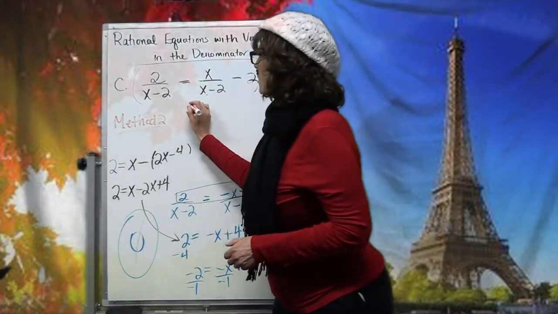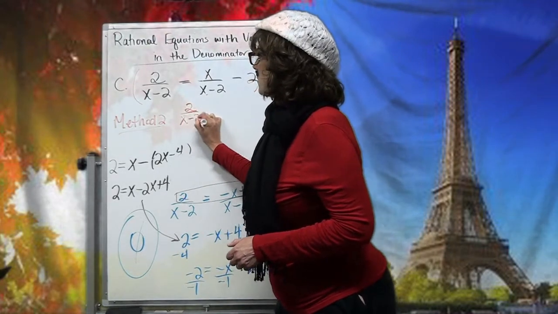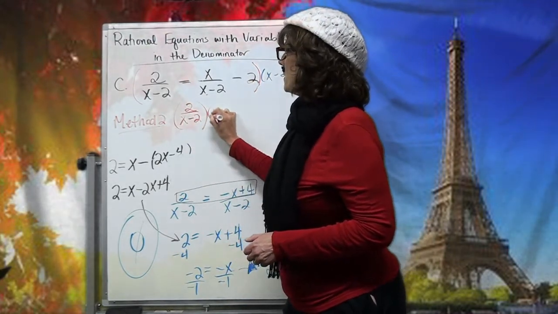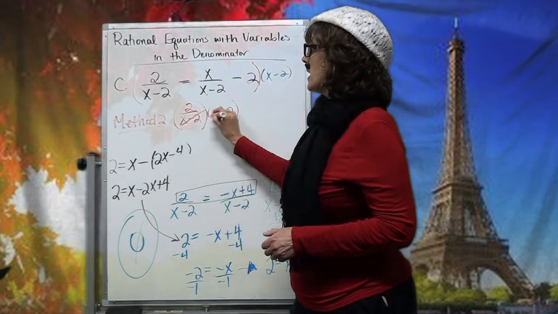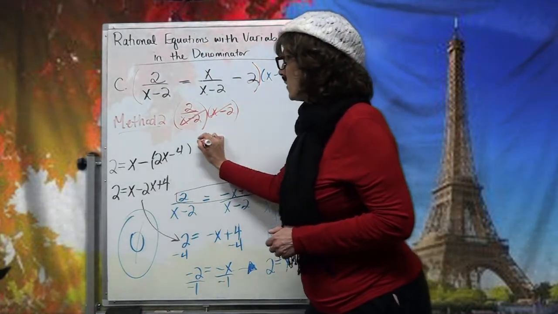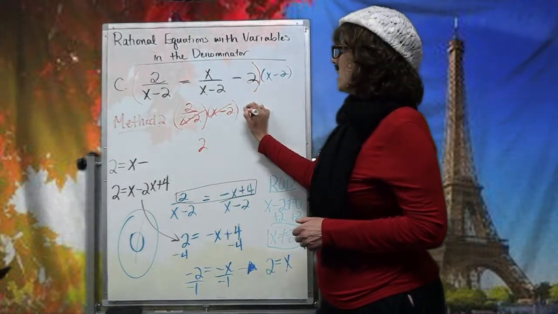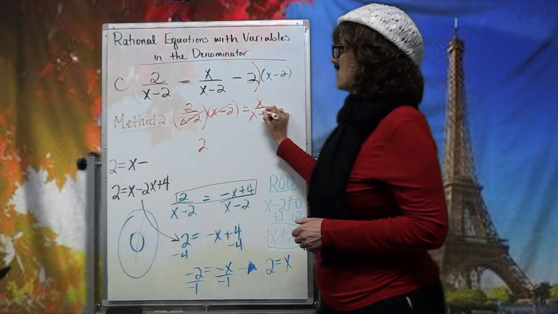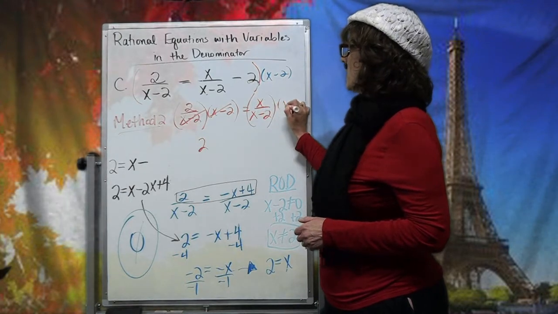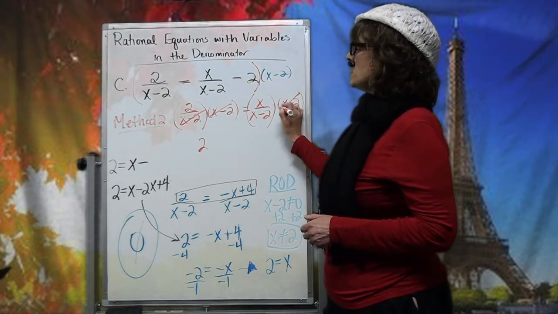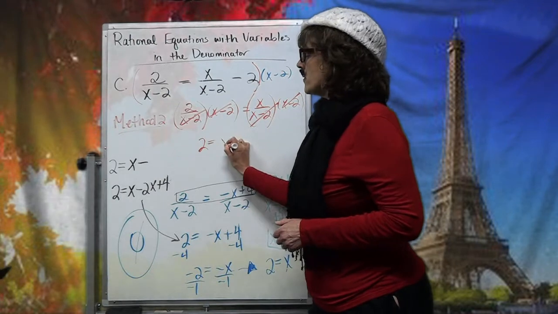So when I take this first term, 2, and multiply it by the x minus 2, they're going to cancel, and I'm just left with a 2. When I take my x over x minus 2 and multiply it by the x minus 2, these will cancel, and I'm just left with an x.